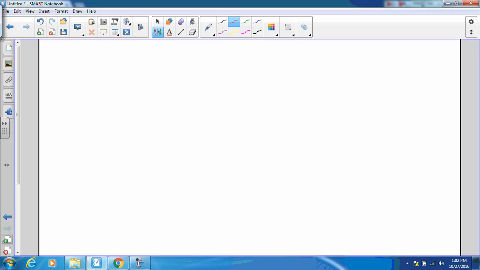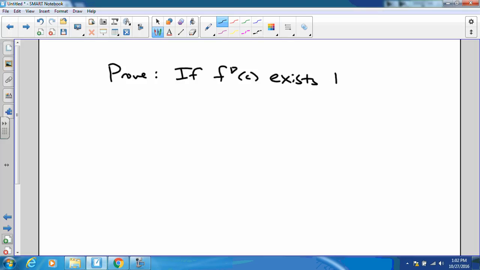Okay, now let's actually turn this into a proof. Here's the thing that we need to prove. If f prime of c exists, then f of x is continuous at x equals c.